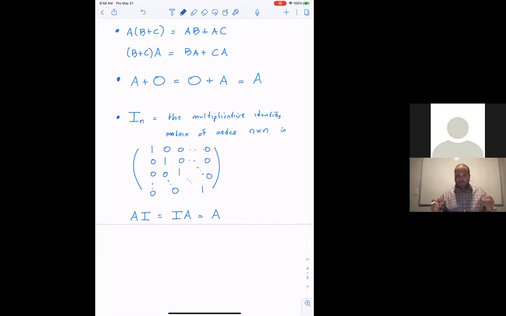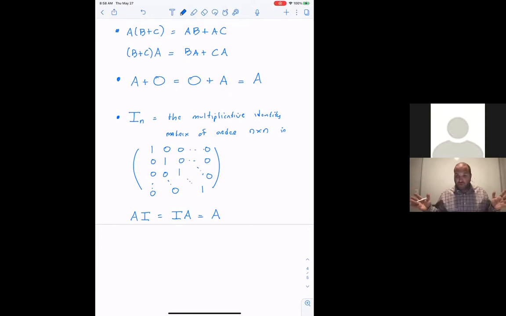Just like the 0 matrix above, it's the identity matrix that fits the problem. We don't tend to write the n unless the problem is stressing something in regards to the size. So the identity matrices are the ones for which you get back the same thing.